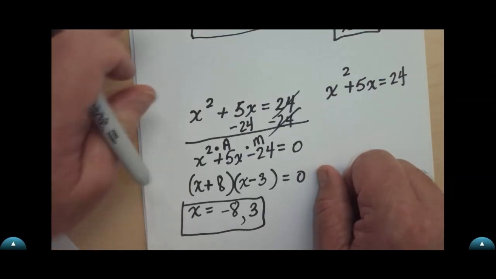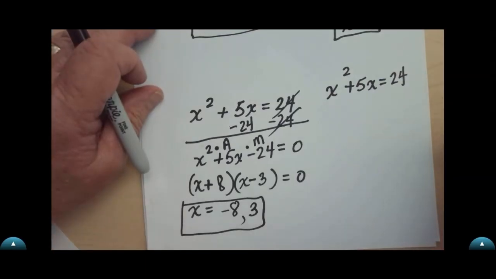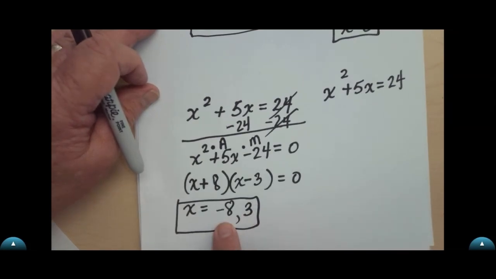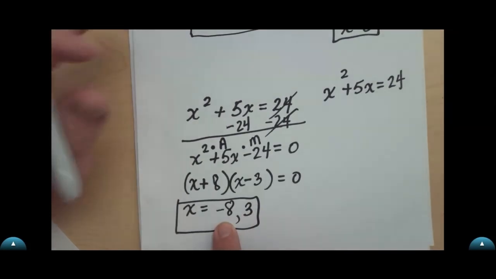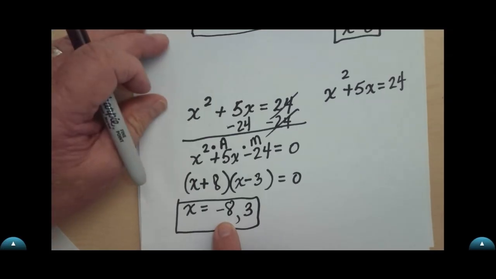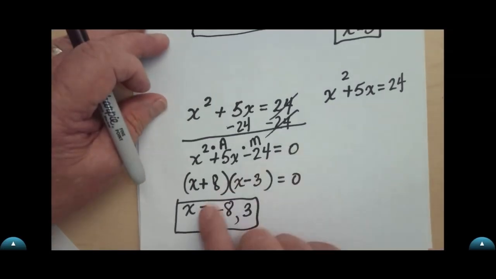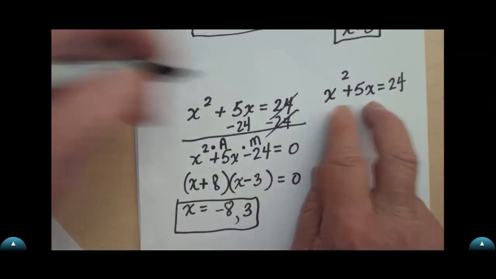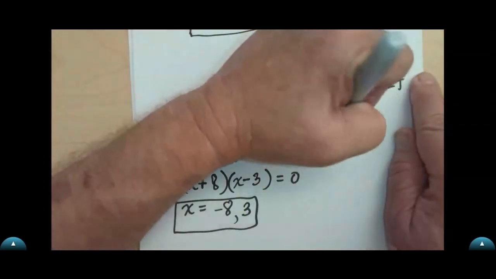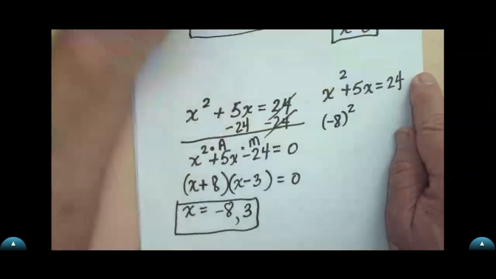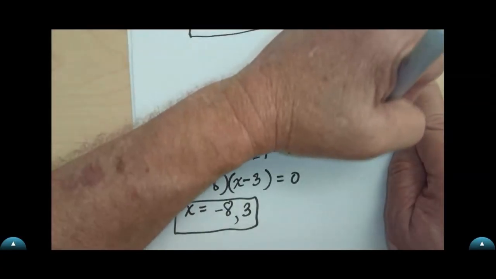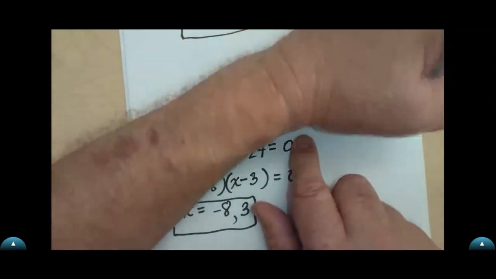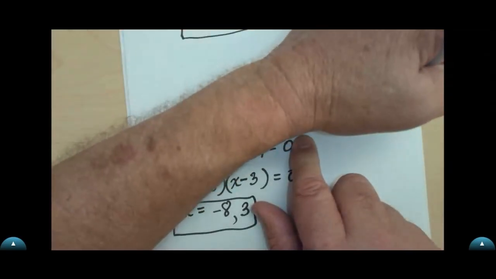Just quickly, we'll do one of these to show you that it does, but you can always check your work. Let's try negative 8 because it looks like the weirder one of the two. To check my solution, I would replace x in this equation with negative 8. I would have negative 8 squared plus 5 times negative 8. And of course, I would need to know, is that equal to 24?